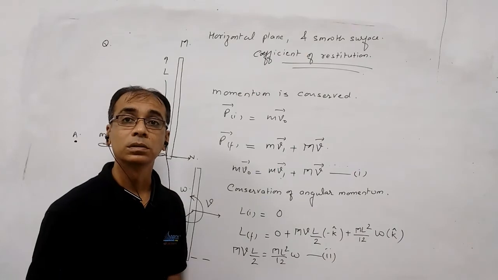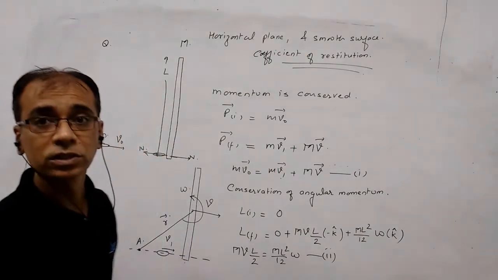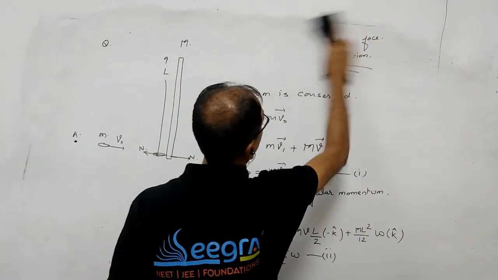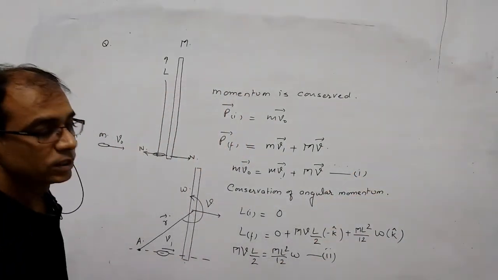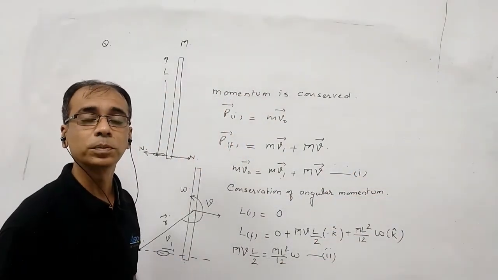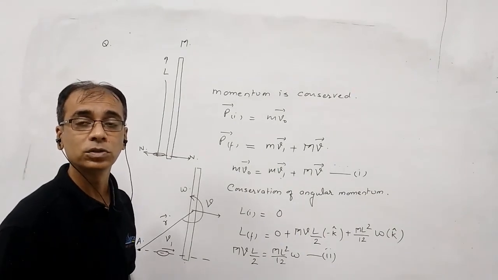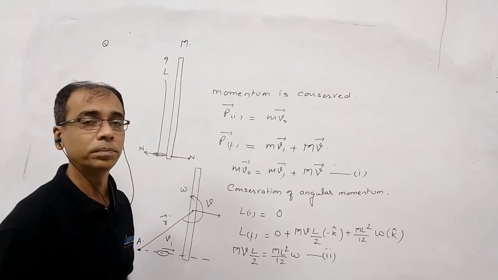Third equation: coefficient of restitution is given for us, right? So coefficient of restitution we are going to use. Coefficient of restitution is what? Velocity of separation by velocity of approach. At which point are we going to write the coefficient of restitution? At the point of impact.